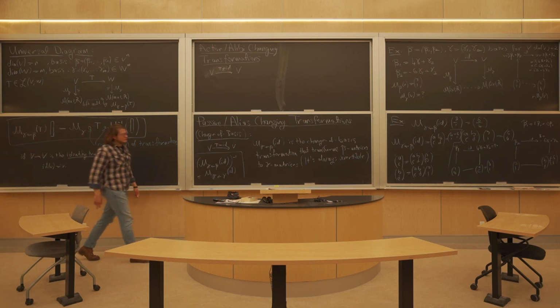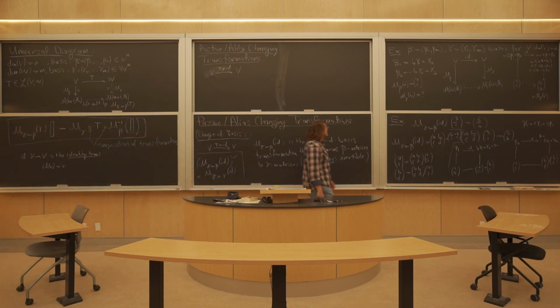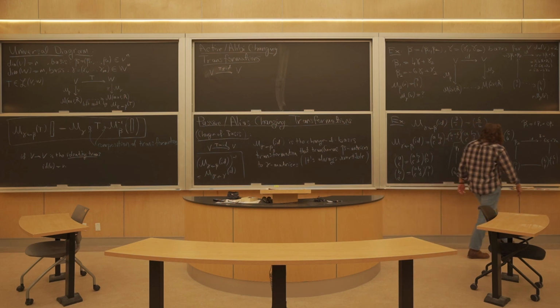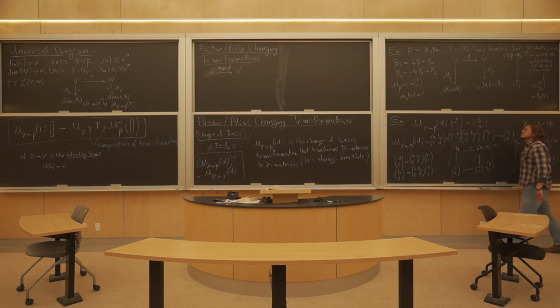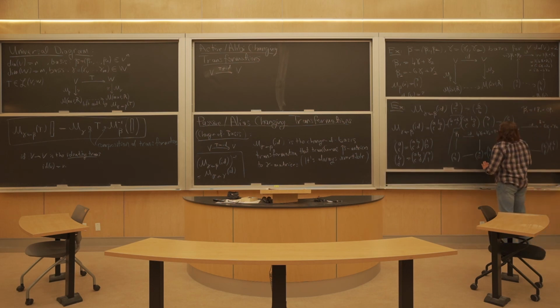So let me leave that to you as an exercise then. What is the change of basis matrix from gamma to beta? All you need to do is to invert this matrix. Let me just write it here.